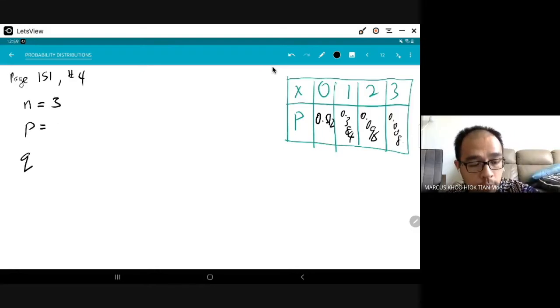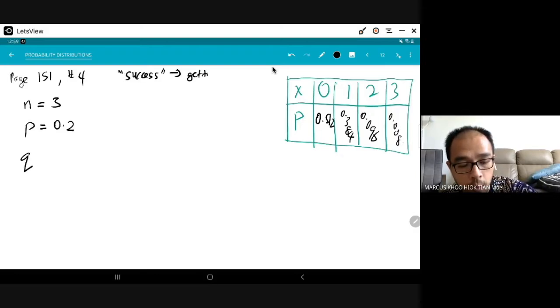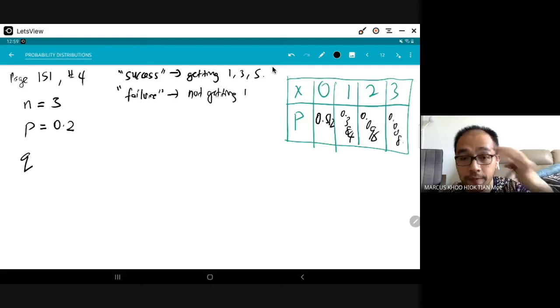1 kali kamu cuba, probability of getting 1, 3 or 5 is 0.2. That is our success. Okay, so you nyatakan lah. Our success event is getting 1, 3 and 5. Our failure event, okay, is not getting 1, 3 and 5.